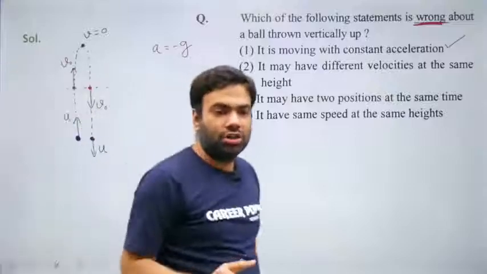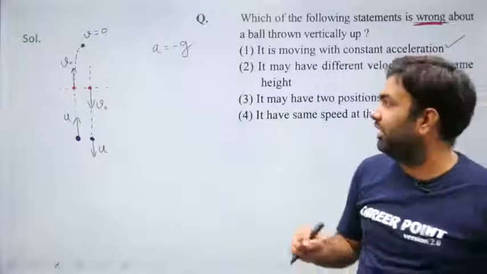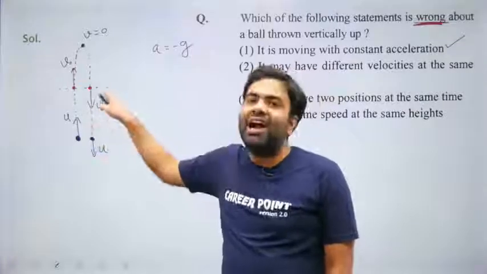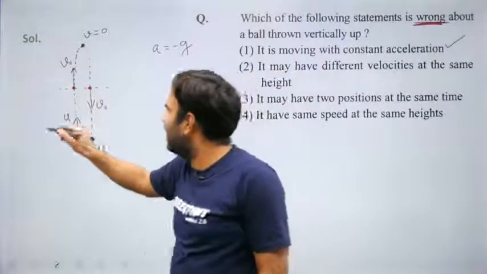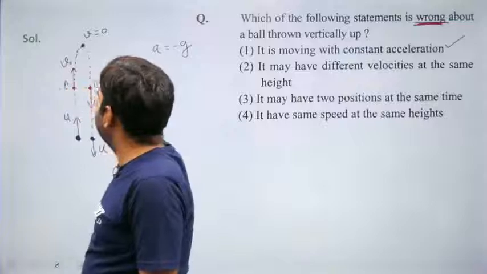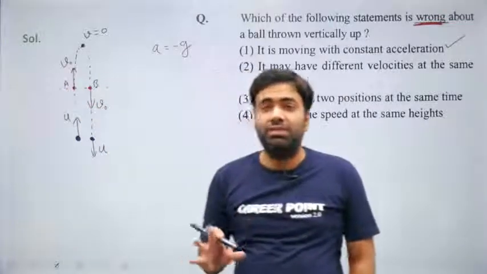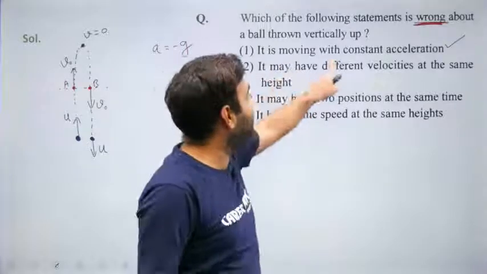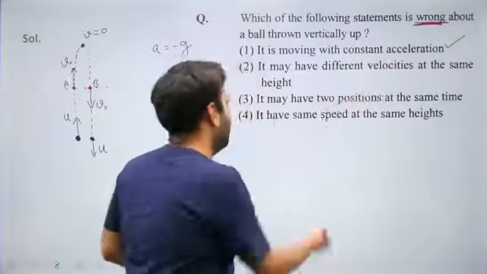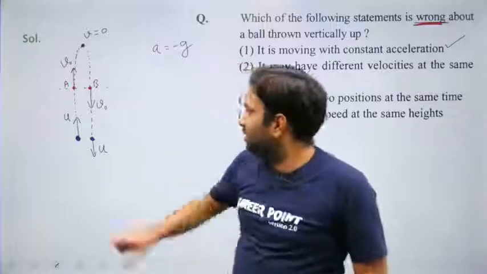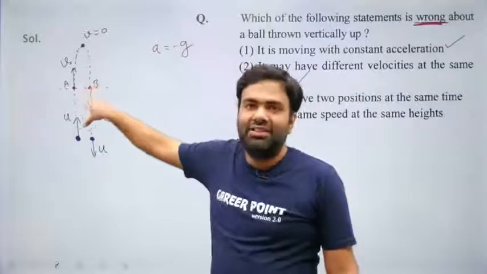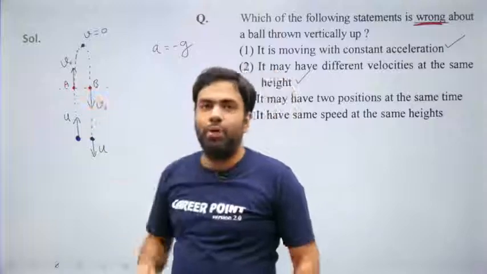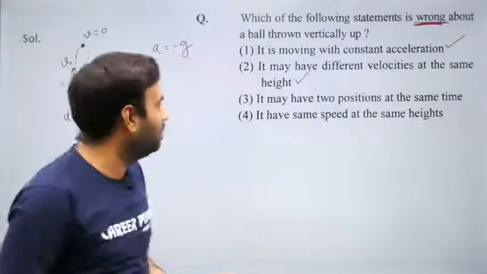Because velocity is a vector quantity, upward velocity is not equal to downward velocity. Speeds are the same. Speed at point A and speed at point B are the same, but velocities are just opposite. So this statement is correct. Point A and point B are both at the same height, and the velocities at these 2 points are just opposite. That means they are not equal.